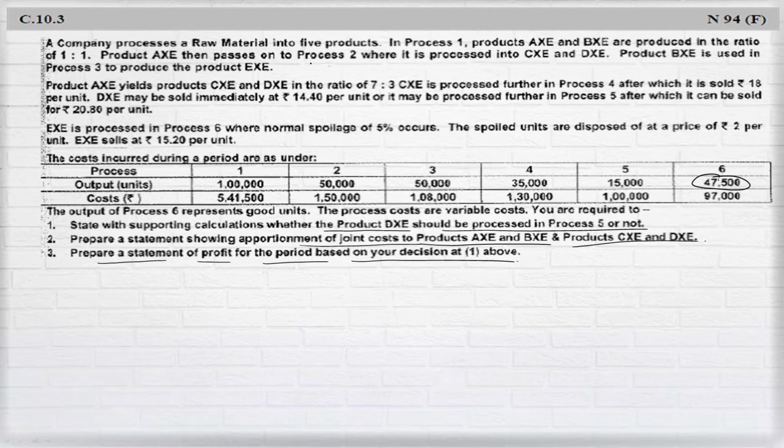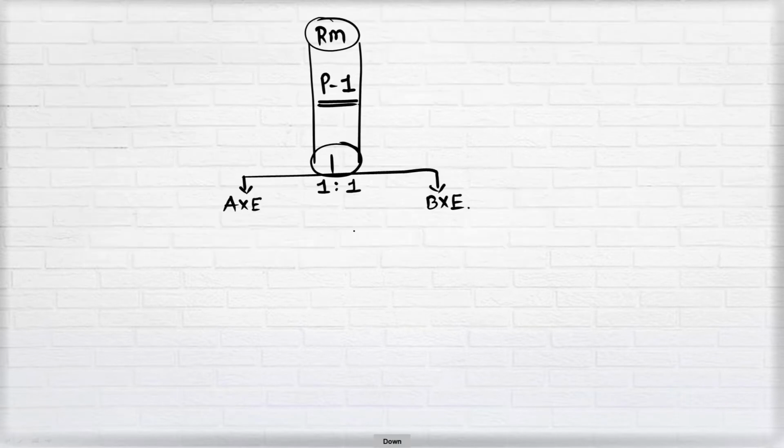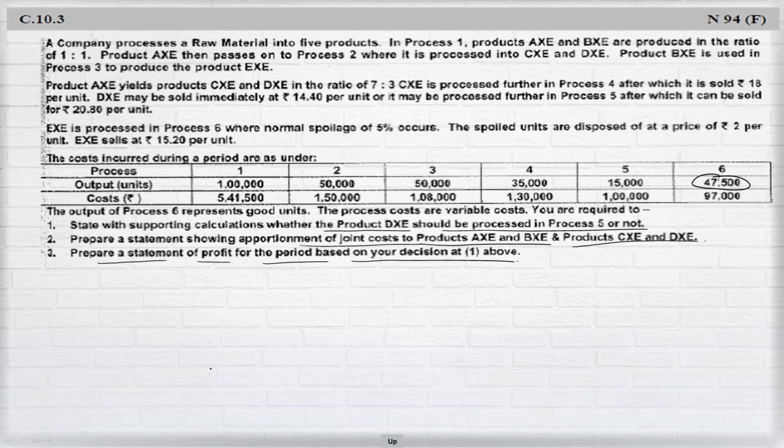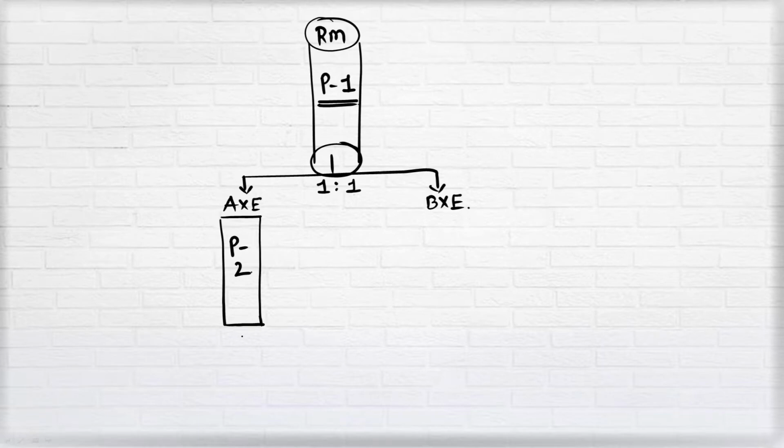Product AXC then passes on to process 2. So this AXC will pass on to process 2, where it is processed into CXC and DXC.